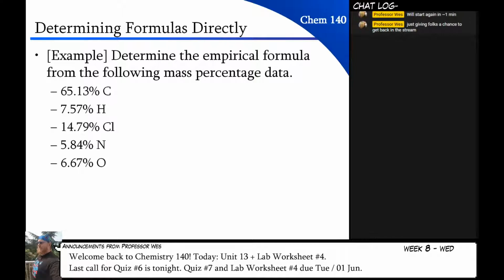So write out all of your masses. Again, assume you have 100 grams. Turn it all into moles. And then write the pseudo formula and then the formula. And you should notice a lot of your numbers line up. All right, I'll check back in with you in about 5 or 6 minutes.